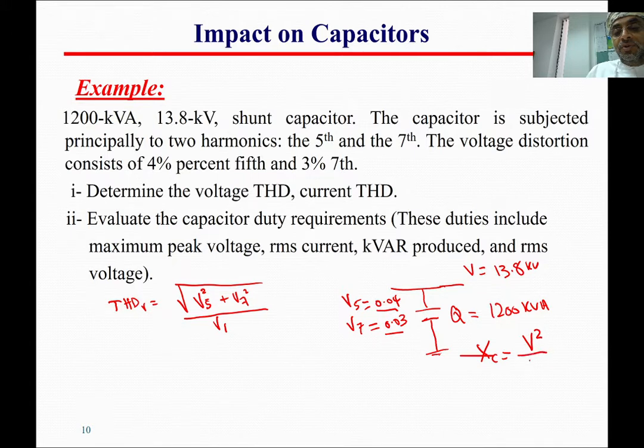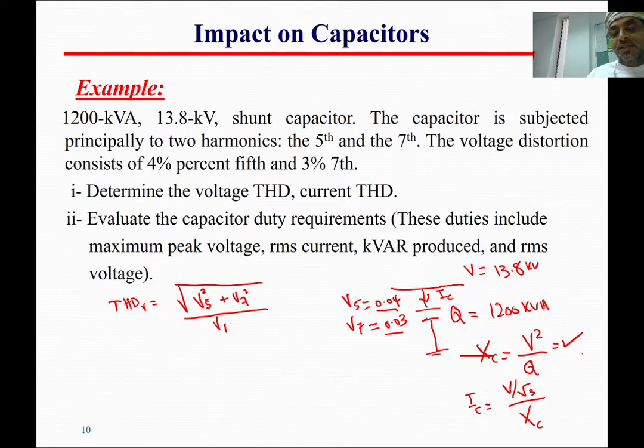voltage square over Q. So that will give us XC. Then we can calculate the current that flows through the capacitor bank, IC. So this is IC fundamental, which will be equal to the phase voltage divided by XC.